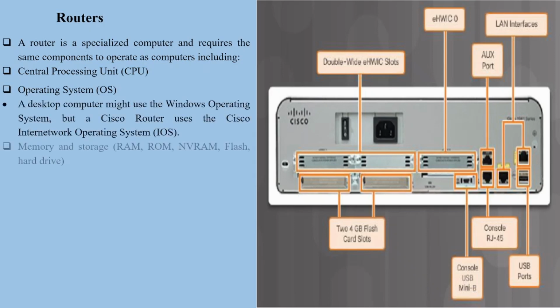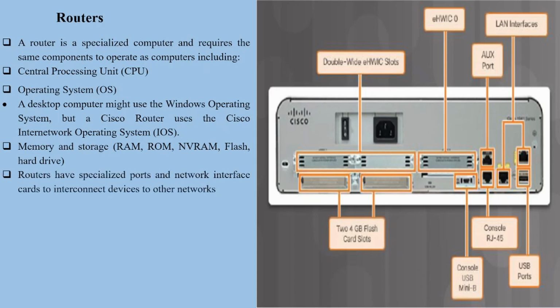Another component is the memory and storage, which includes RAM, ROM, NVRAM, flash, hard drive, and the other components of memory and storage. Routers have specialized ports and network interface cards to interconnect devices to other networks, because in networking, these devices should be connected to other network components.